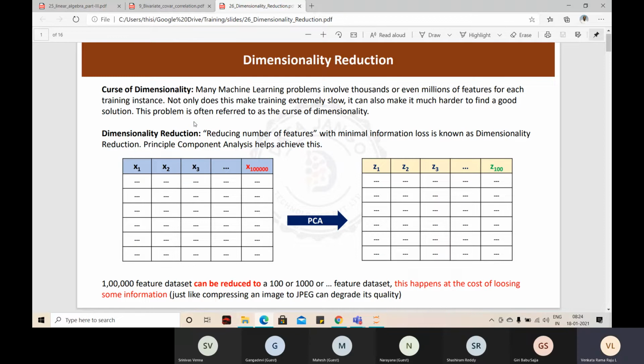You try to eliminate x2, build a model, the accuracy reduced. So you thought, keep x2 back and take x3 out and build a model, you got less accuracy. That means the essence in both of them is important, but both columns may not be needed in the data set.